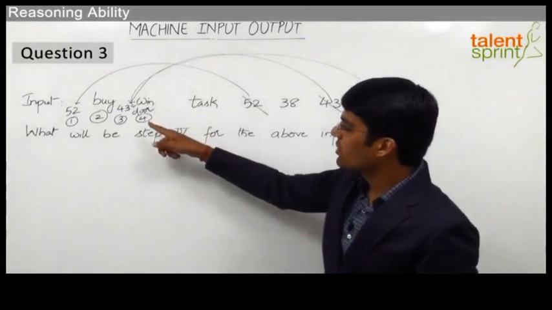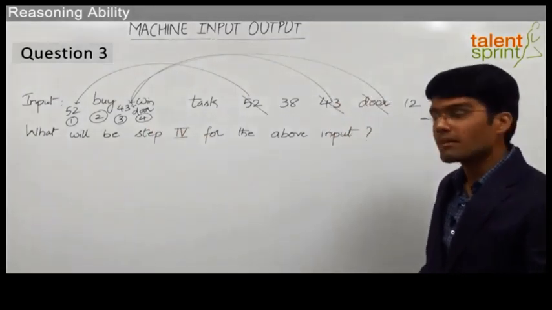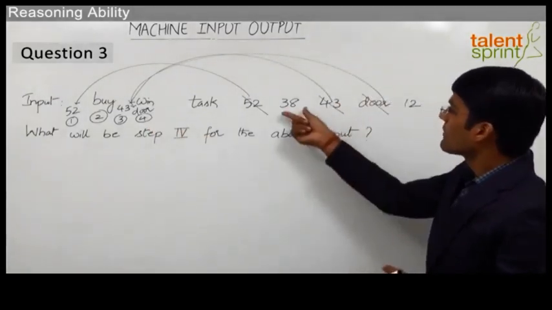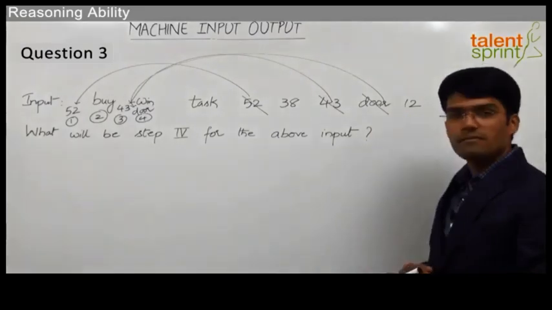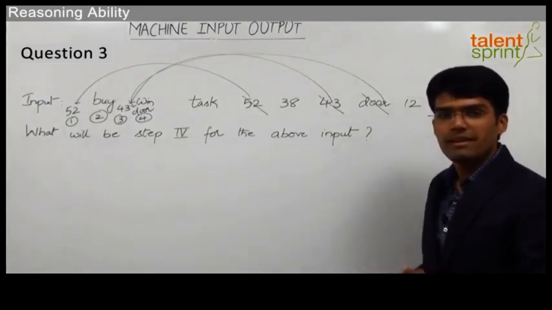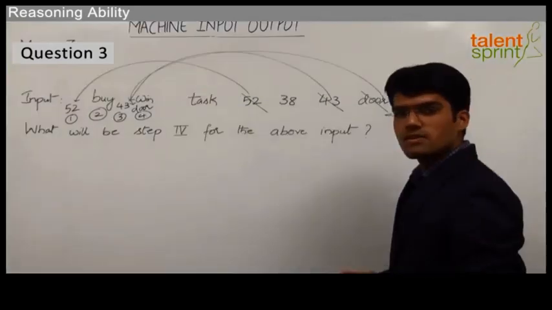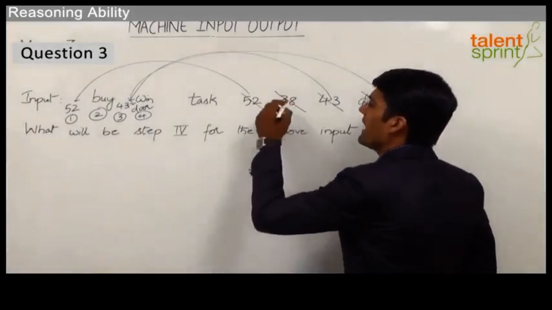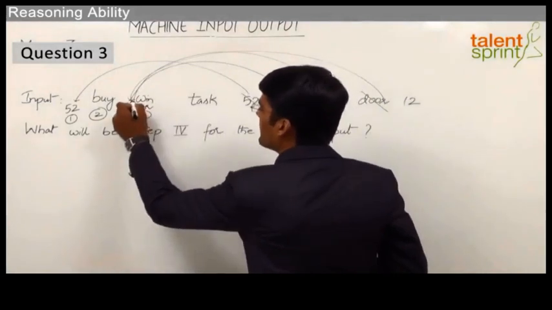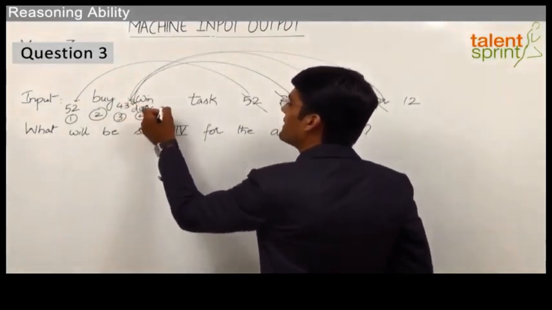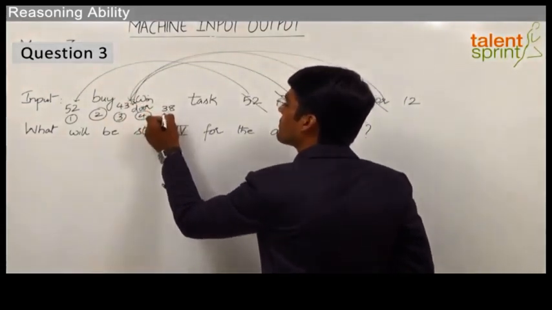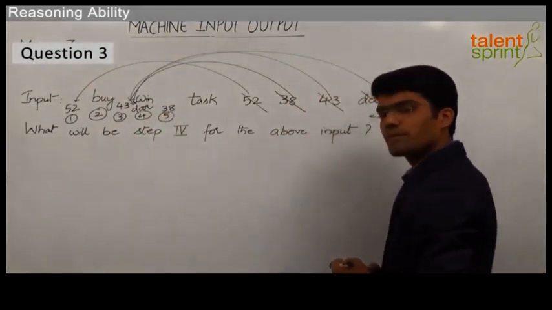So after door, we need to have a number, and that number should be from 38 or 12. And as we know that we are going by descending order, we need to move 38 to its correct place now. So let us strike off 38 and move it before when, and we can understand that 38 is going to come after door. So it takes the 5th position.